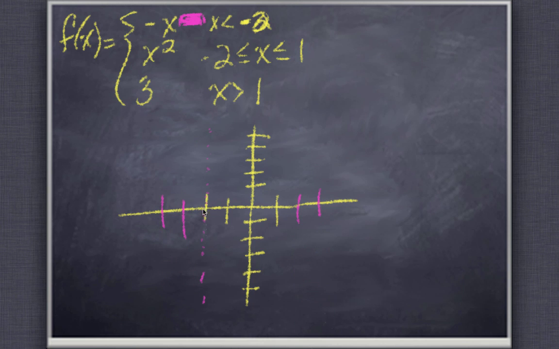Okay, so if I go to negative 2, and to the left of it, I'm on the function negative x. So if I could come over here, that would be 0, 0, negative 1, positive 1, negative 2, positive 2. I can't plug any of those in because they're not in the domain. So I'm going to put a circle because that's actually where the function ends.